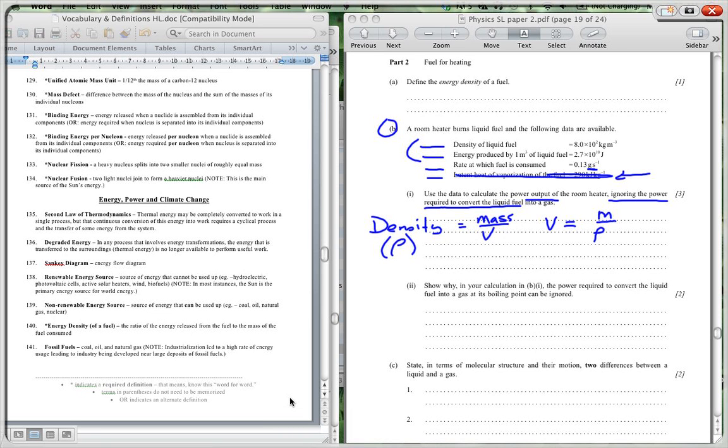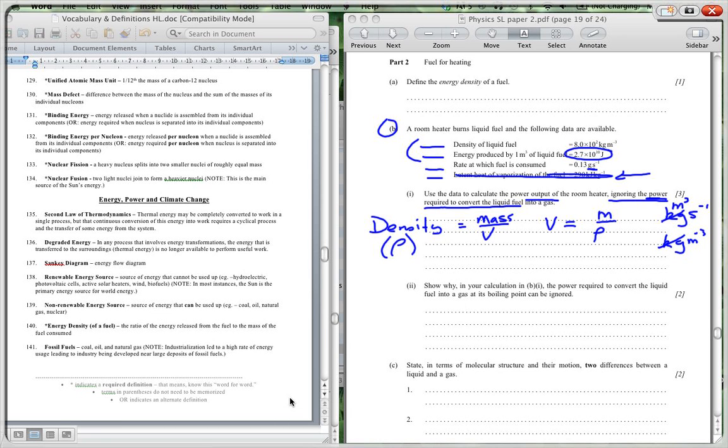If I've got kilograms per second and I divide by the density, which is kilograms per meter cubed, the kilograms cancel out, and I get a meter cubed per second. I'm getting a volume per second, which is what I want, because I'm looking at the power, which is an energy per second, and here I've got the energy that comes from 1 meter cubed. So if I multiply that times my meter cubed per second, I will get my answer.